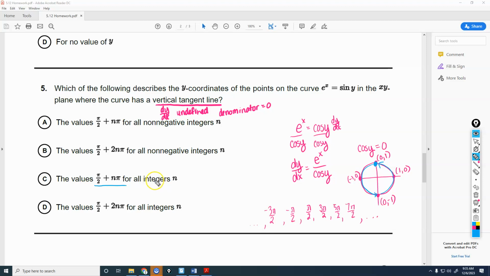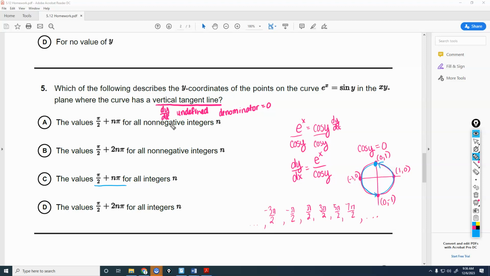I did not pick A because there's nothing about the unit circle that says we can't have negative values. So I went with C, and then I checked my answer, and I was wrong. It is not C.